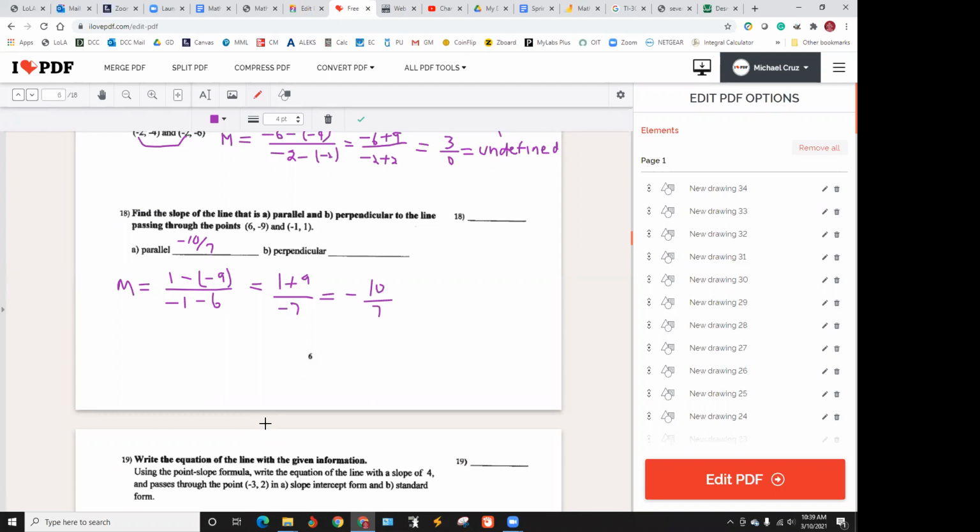Y'all remember? Opposite sign, and this is a symbol I kind of like to use for a perpendicular slope. Shorthand, right? So I don't have to write out perpendicular. It's going to be opposite sign, so it's going to be positive. So we don't need a sign. And then we take the reciprocal.